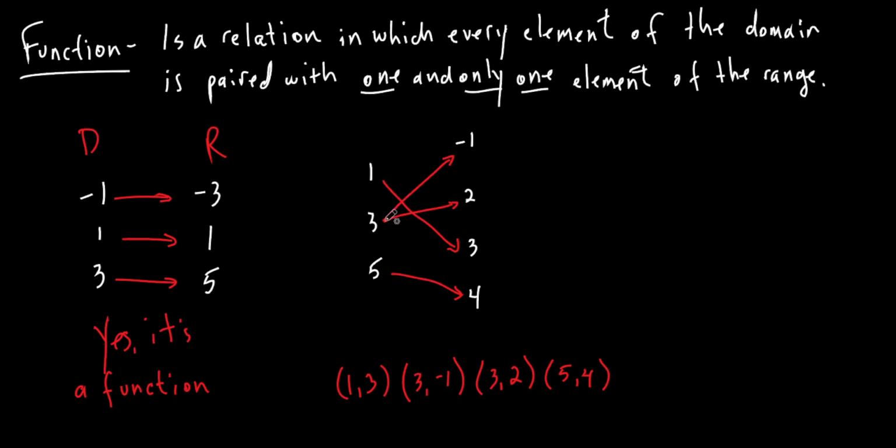So this one x value, this one element in the domain relates to, maps to, goes to, however you want to say it, two different elements in the range. That makes it not a function. So this is not a function. You see that? All right. Let's do another one.